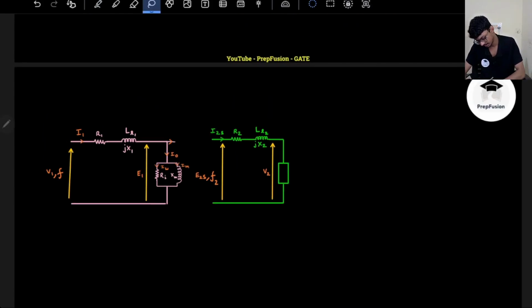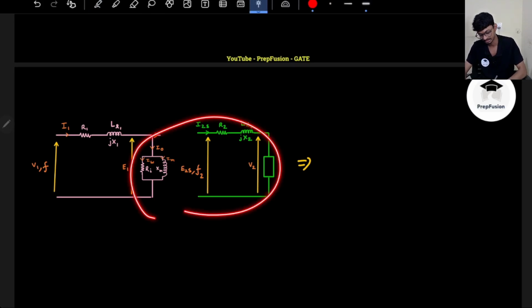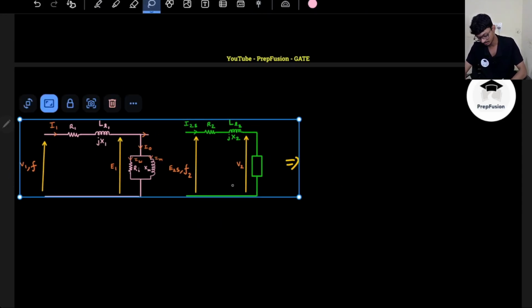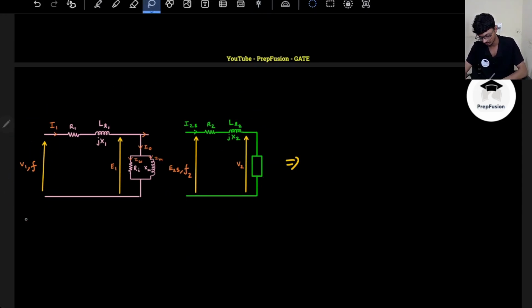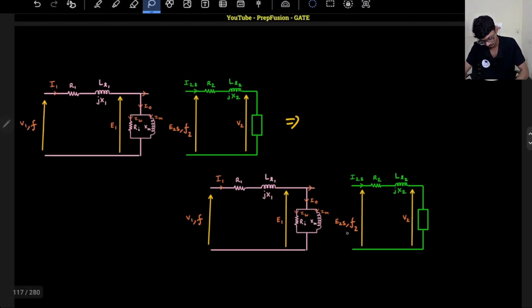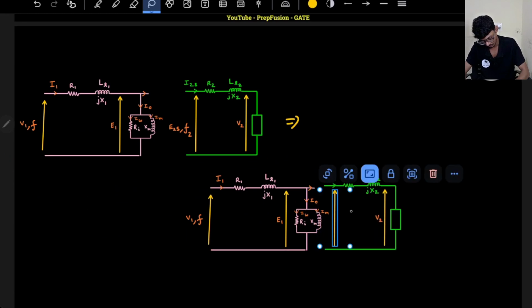If I want to interconnect these into a single circuit, because only then we will be able to analyze, right? We will be able to apply KVL, KCL. I will not be able to analyze the circuit like this. I have to convert this. So I want to make it frequency independent. How will I make it frequency independent? I want to connect these two, right?